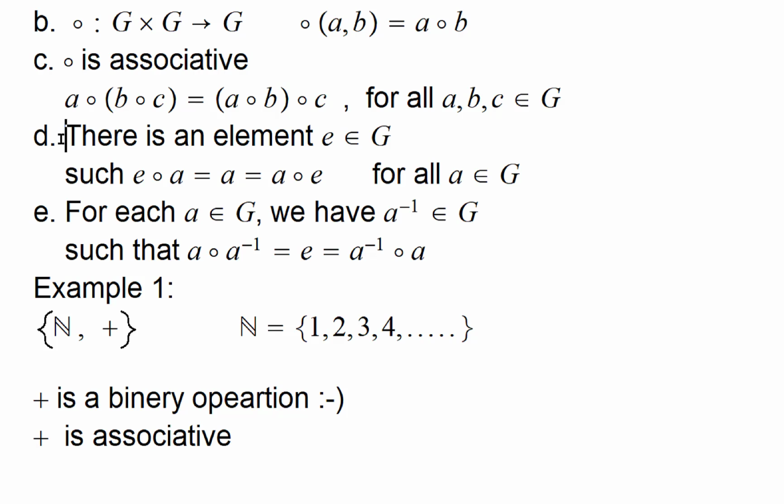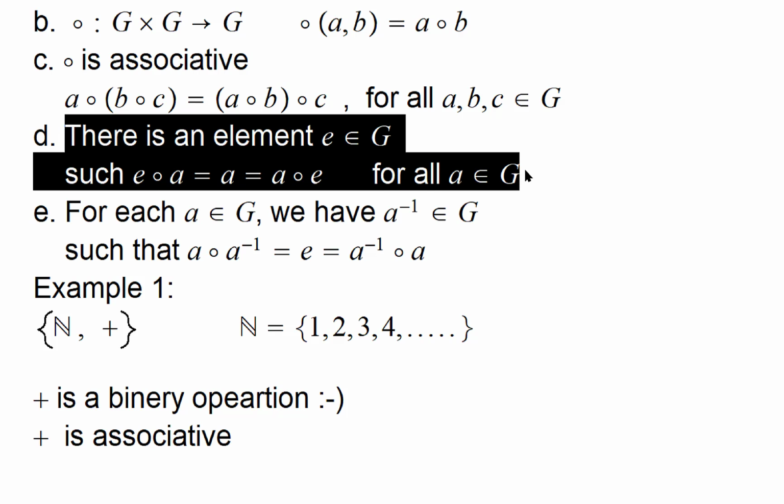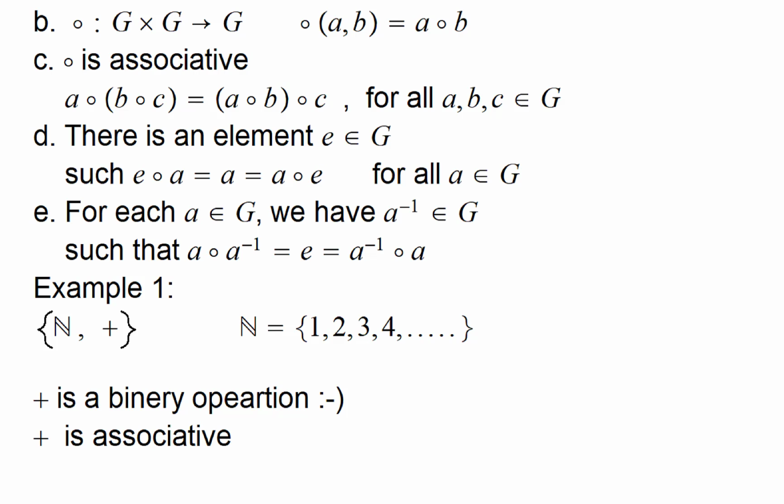But when we look for an element such that, for instance, if we have an element E such that E plus N equals N, where N is in this set of natural numbers, then we know that there is no such E in N, right?